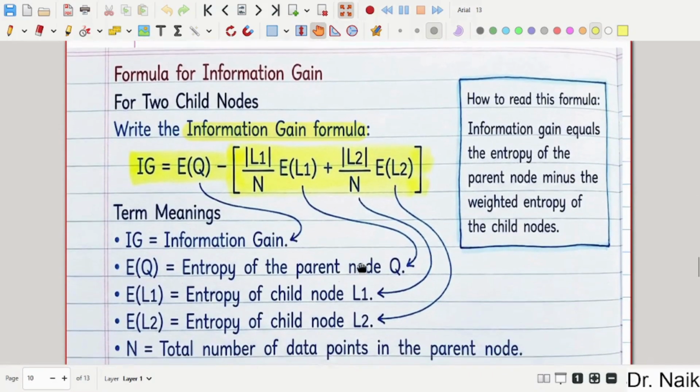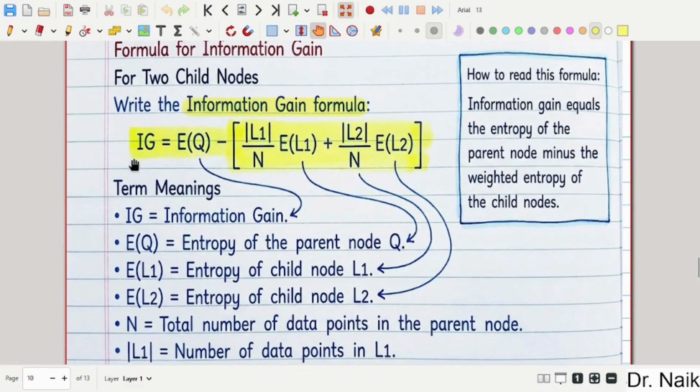The formula for information gain is IG equals entropy of the parent node minus the number of data points in L1 divided by capital N, the total number of data points in the parent node, times entropy of the L1 node, plus the number of data points in L2 divided by the total number of data points in the parent node times entropy of the child node L2.